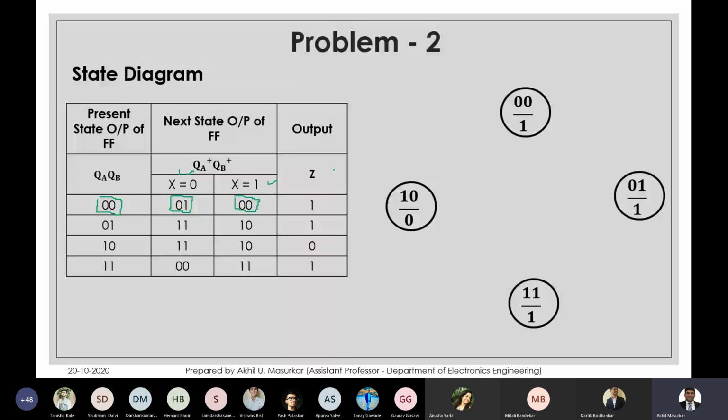Do you agree that these are the 4 states? Yes, sir. My next question is, are the outputs corresponding to the states proper, or is there an error in that? Sir, they are correct.